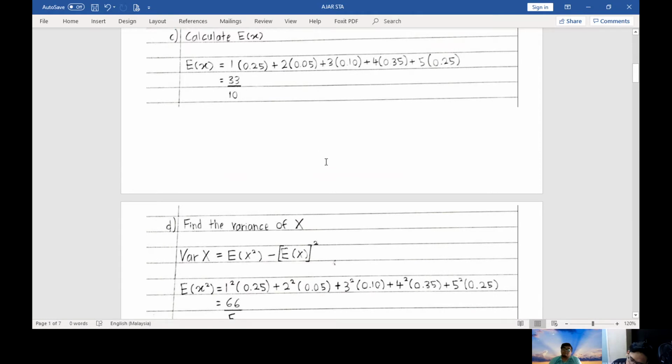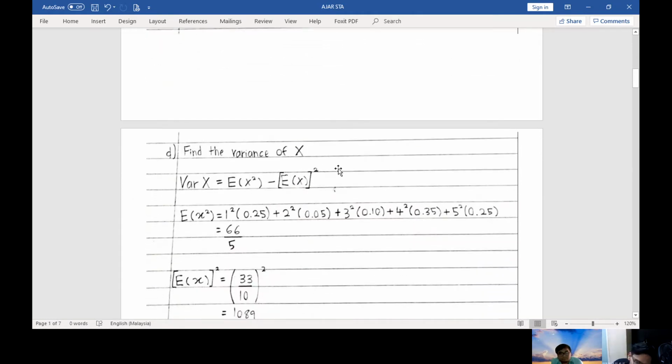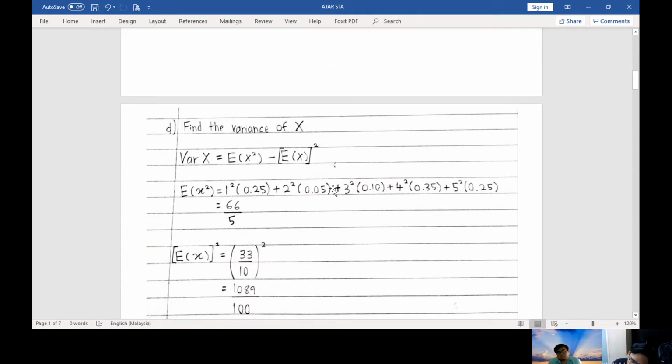Let's go to the next question, D. Find the variance of X. This is the formula to find the variance of X: E(X squared), only x we square here, minus E(X) whole squared.